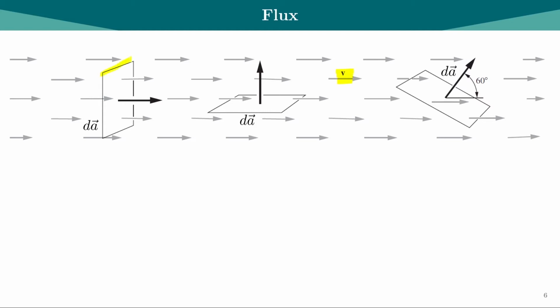Let us assume that we have lowered a frame into this water, and this frame has an area dA. And when we take the dot product v dot dA, this will actually give the rate of flow of water. So v dot dA is the rate of flow of water through the frame in cubic meters per second.